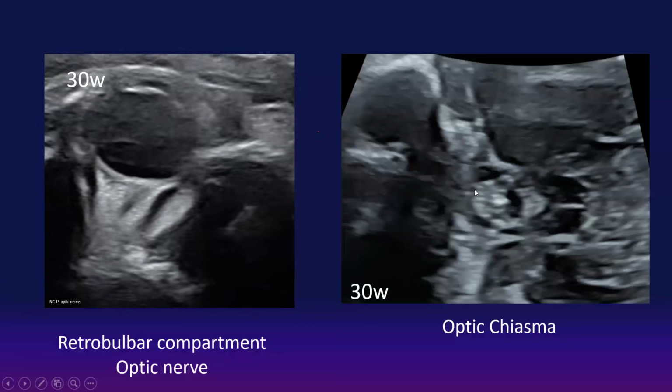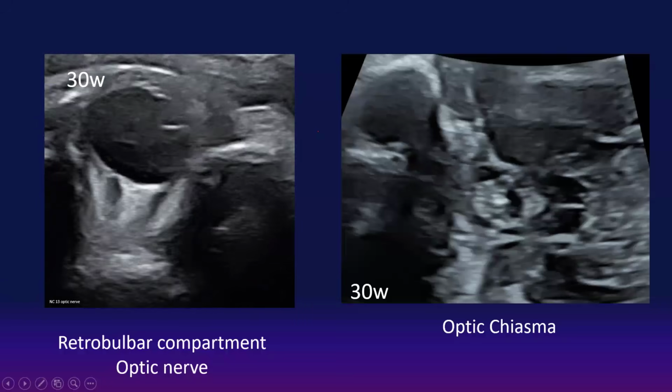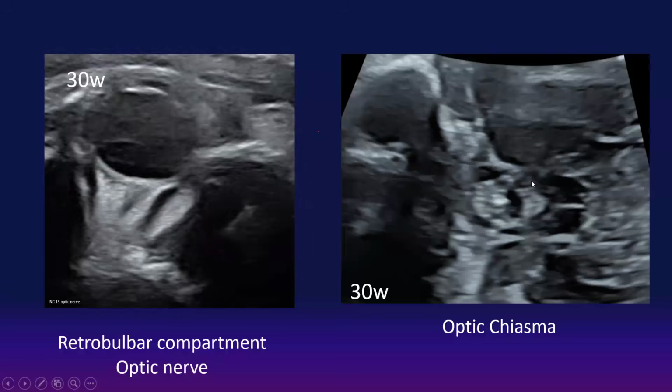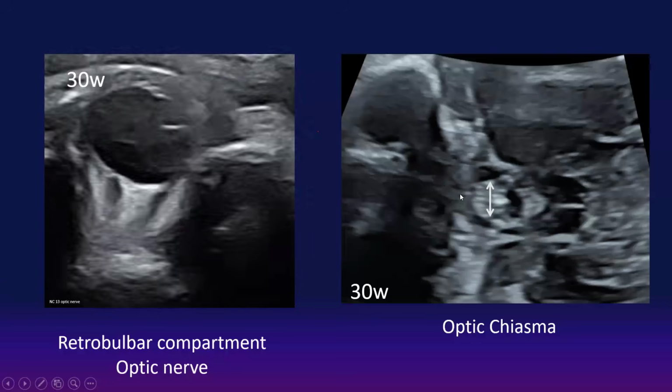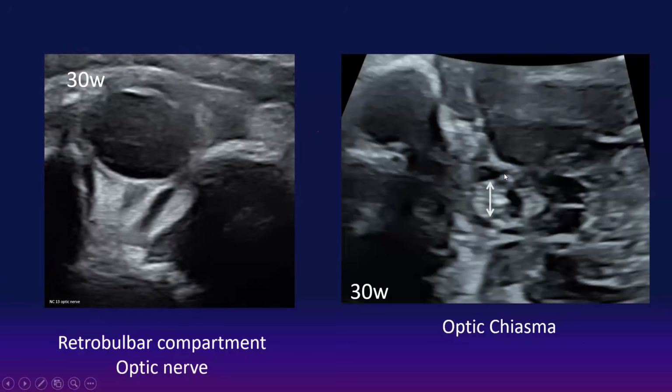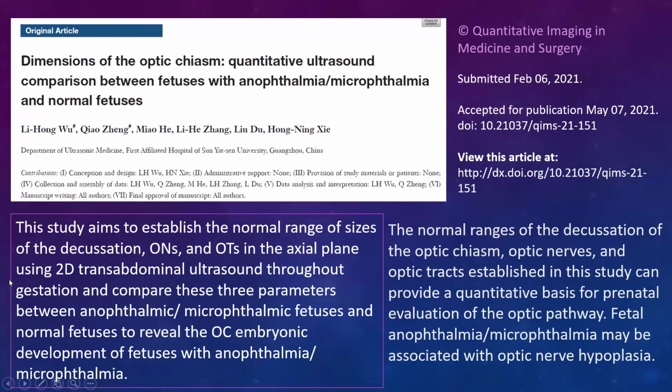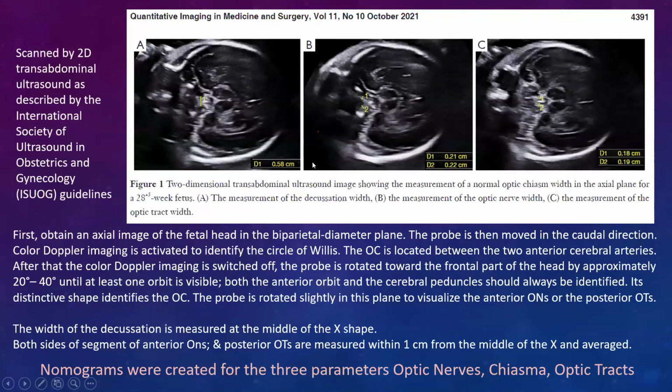This need not be studied again routinely, but we can look at these structures when we are seeing a case of septal agenesis. We can even measure the optic chiasma, we can measure the optic nerve, we can even measure the optic tracts. And there's a whole study, one of the latest studies that has gone through multiple cases and documented nomograms. This was a 2021 study by a Chinese group, and they've given all sorts of nomograms for the optic nerve, optic chiasma.